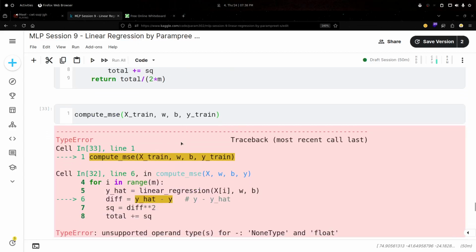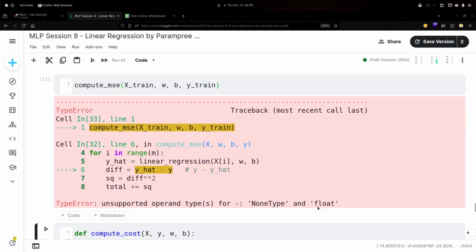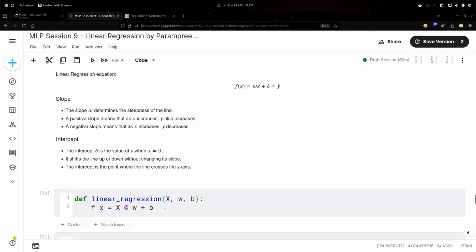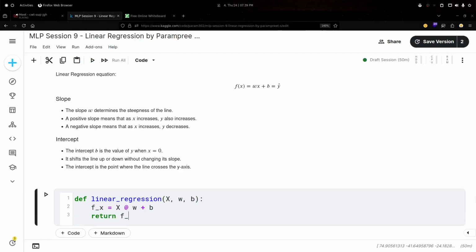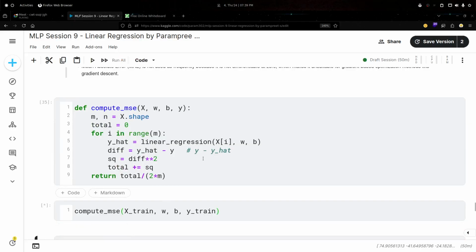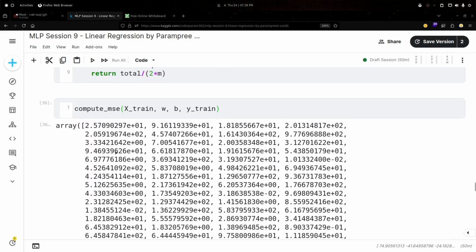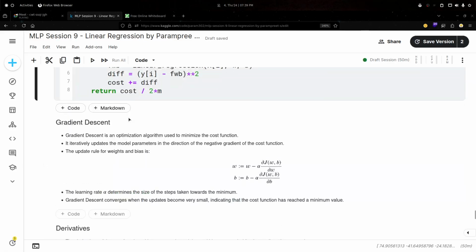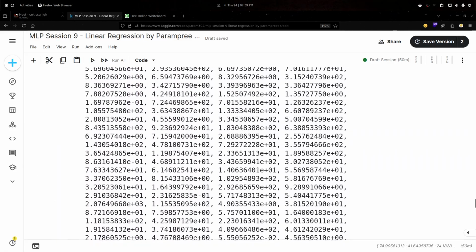If I run it, I'm getting an error: in the linear regression I have to return this also, f of x. Now if I run it, I'm getting this, which is a little different.